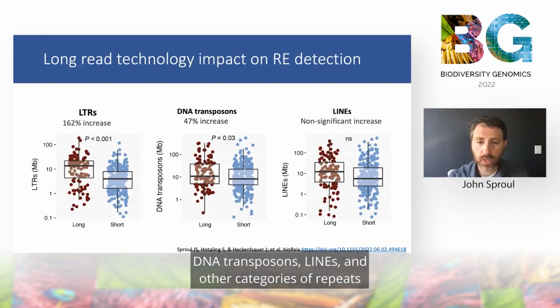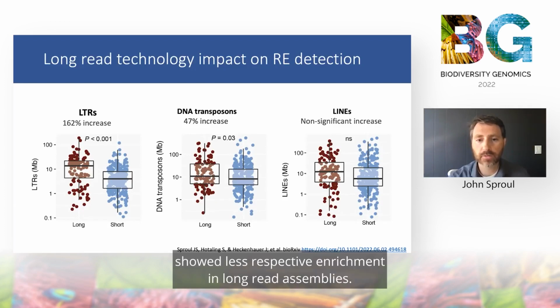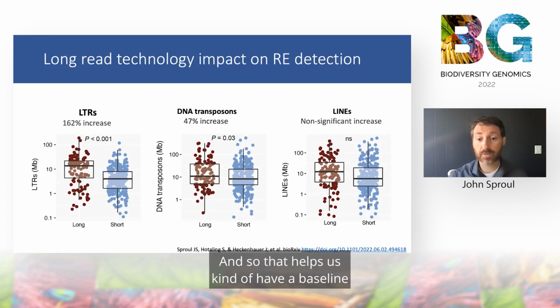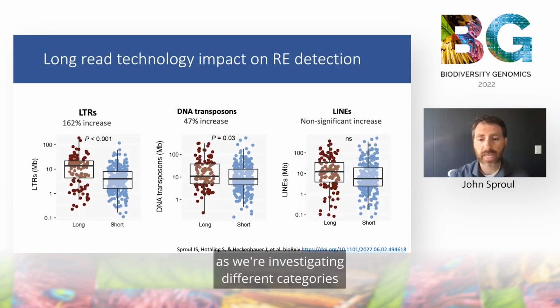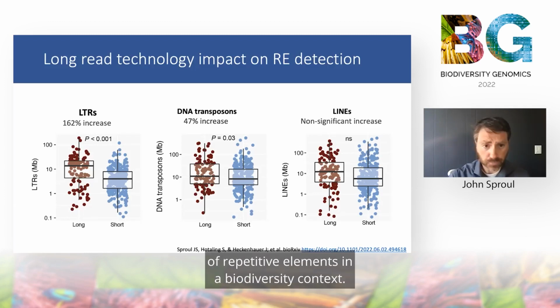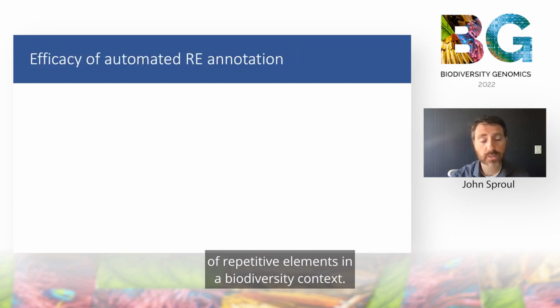DNA transposons, LINEs, and other categories of repeats showed less respective enrichment in long-read assemblies. And so that helps us have a baseline for what to expect in terms of technology-related bias as we're investigating different categories of repetitive elements in a biodiversity context.